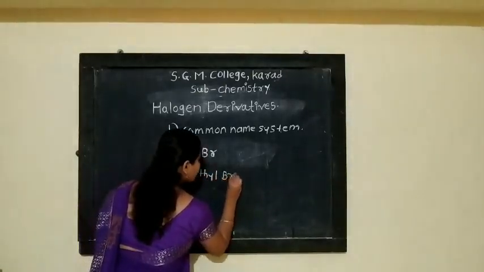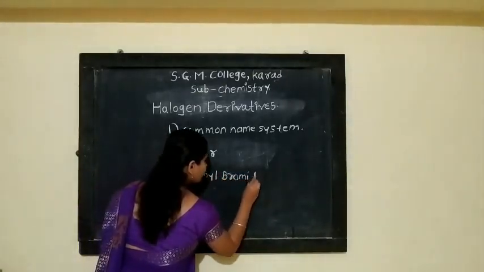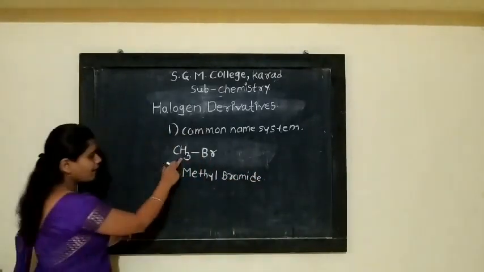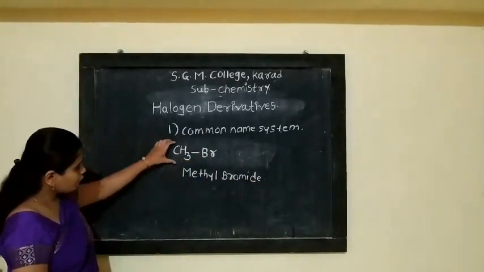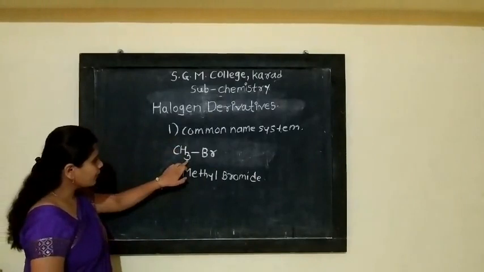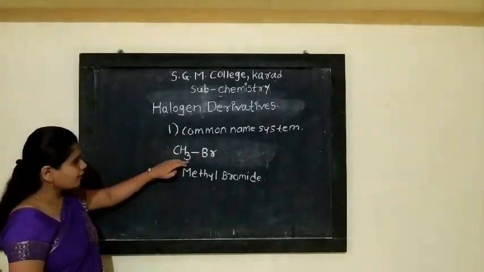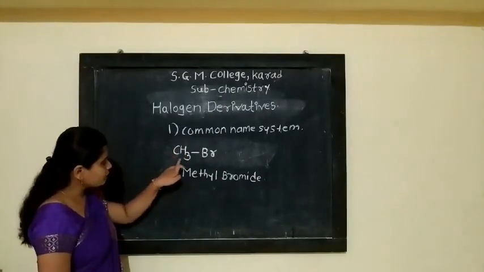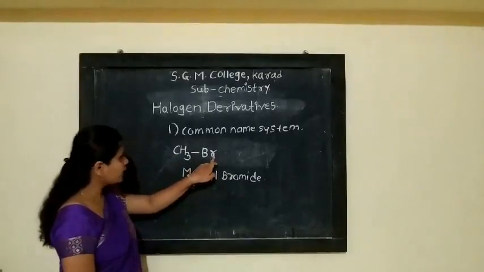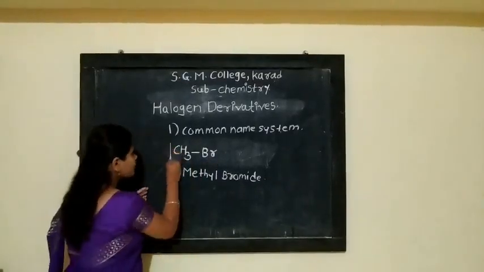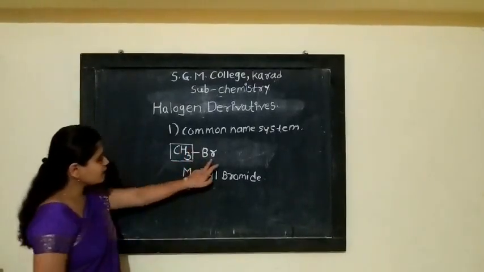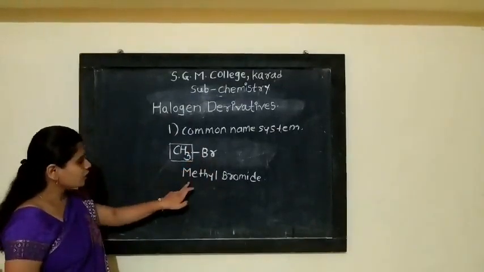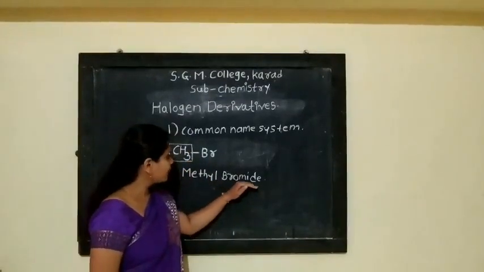Here the parent alkane group is methane. One hydrogen of this methane is replaced by bromine, so this group is called the methyl group, and this bromine is attached to this. So the name of this compound is methyl bromide.